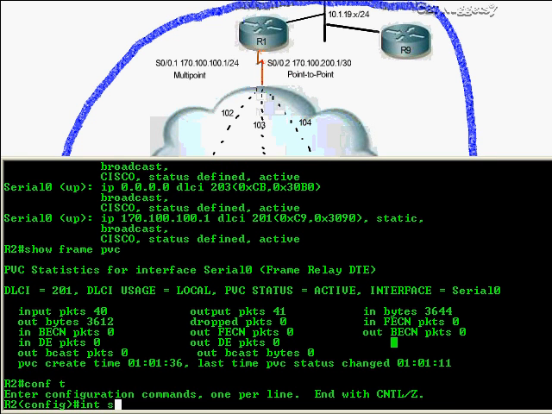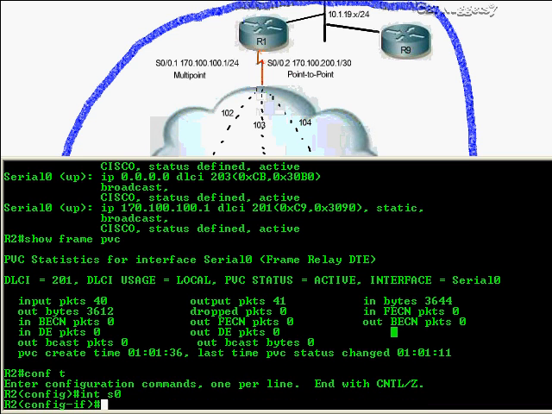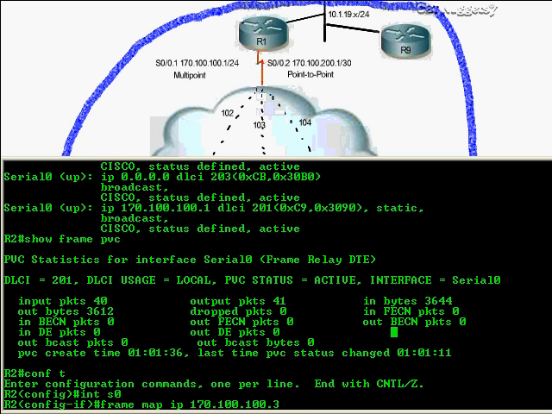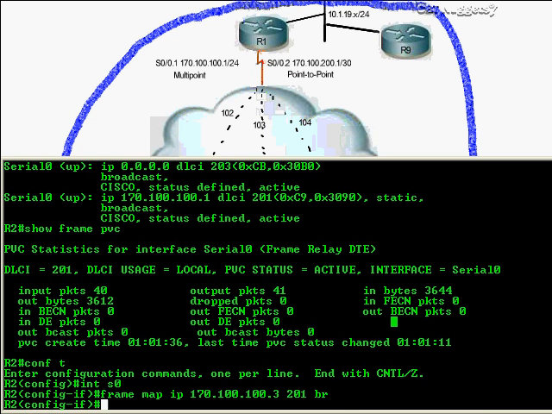I'll get into serial 0/0, or I think just serial 0, yep, on this router. Frame map IP, and we'll say 170.100.100.3. That's the next hop IP. And the DLCI, router 2, that would be DLCI 201 is the one that we'll use to get to that router. And we'll allow broadcast to go around that.